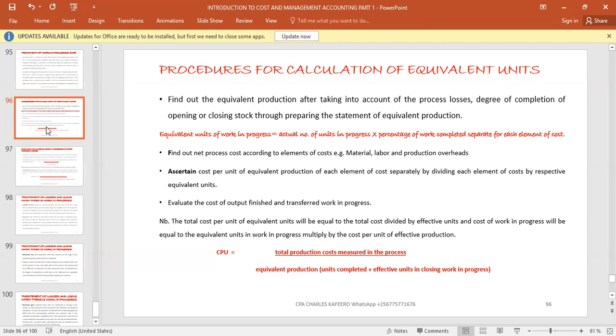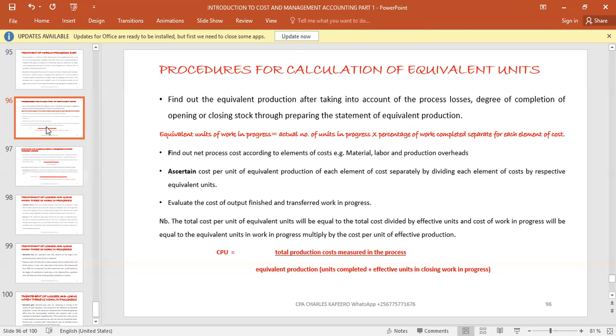The rest are treated the same way, because the weighted average costing method doesn't differentiate between the opening and the introduced units. It suggests that what was introduced and what was already there as opening work in progress are all treated at once. There is no making differences, so you just do it the normal way.